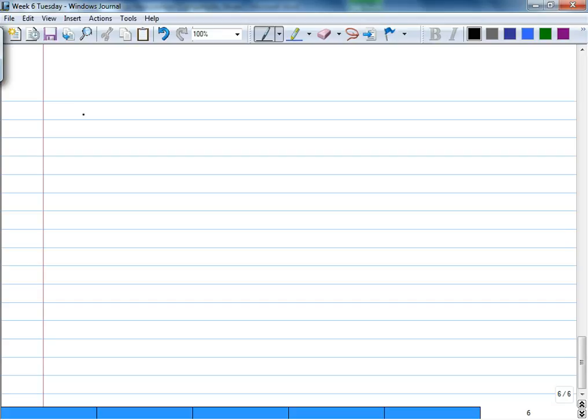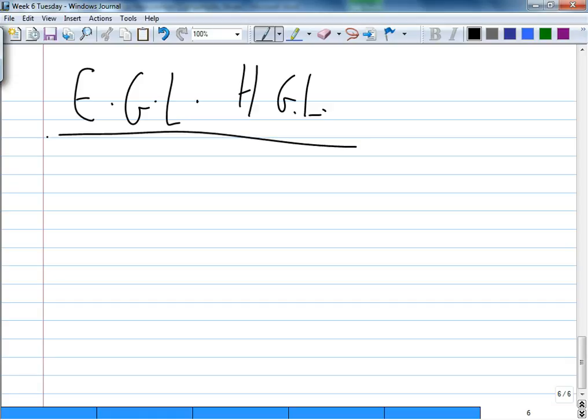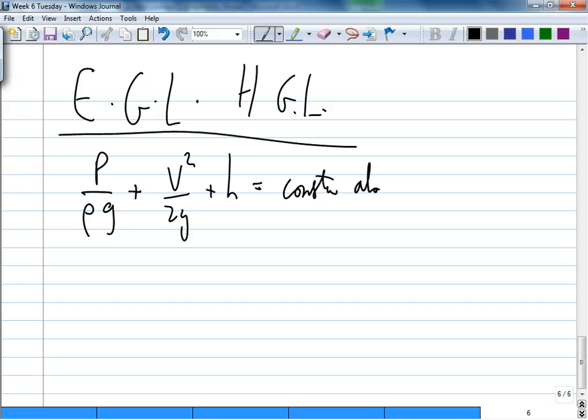Okay, EGL, energy grade line, and HGL, hydraulic grade line. Basically, I write Bernoulli in this way: P over rho g, because it's in terms of height, plus V squared over 2g, plus H in terms of height, equals a constant along a streamline.